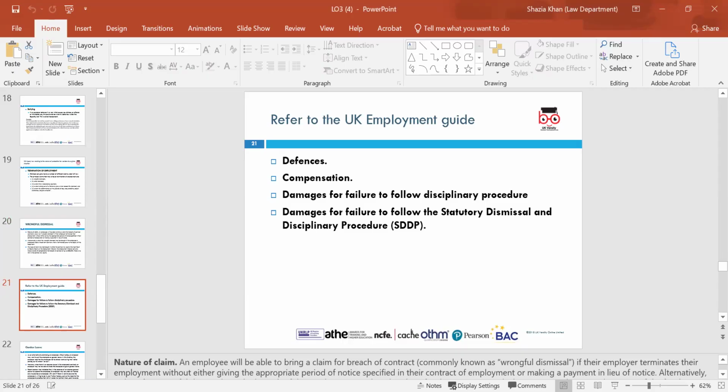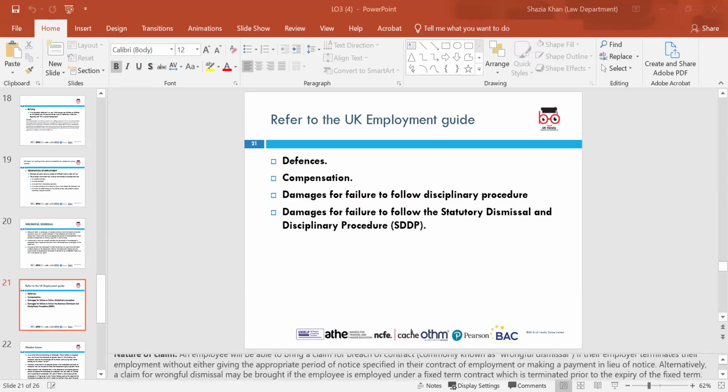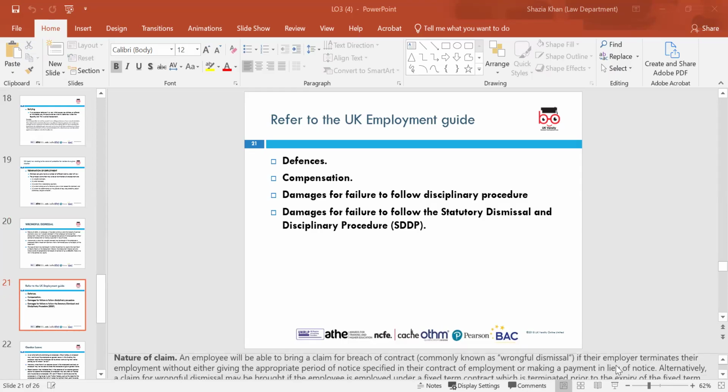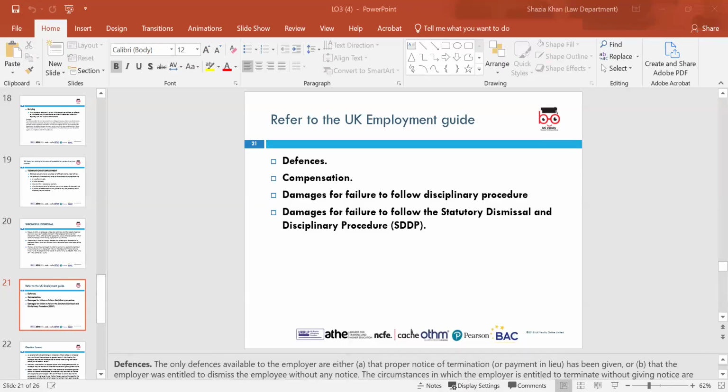So, defences. There are references in the UK employment guide, which you can look at. On the nature of the claim, an employee will be able to bring a claim for breach of contract if the employer terminates the employment without giving the appropriate period of notice, as we just mentioned.